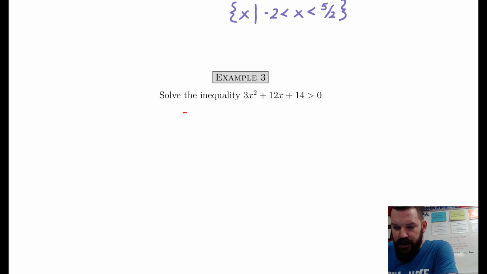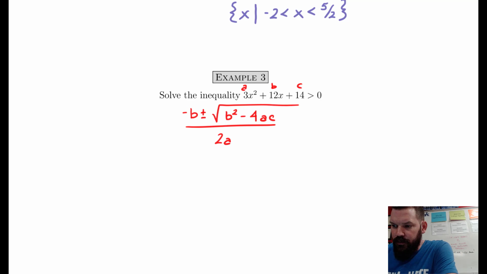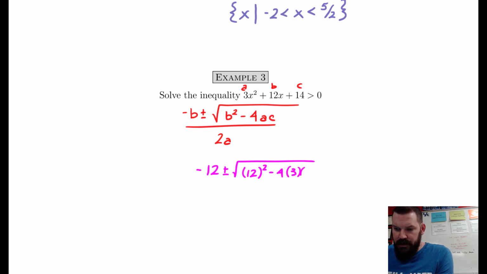So let's do the quadratic formula: -b plus or minus the square root of b squared minus 4ac, all over 2a. If we label this a, b, and c, we have an easier time of substituting everything in. So opposite of b, plus or minus the square root of b squared minus 4 times a, which is 3, and c, which is 14, all over 2 times a, which is 3.